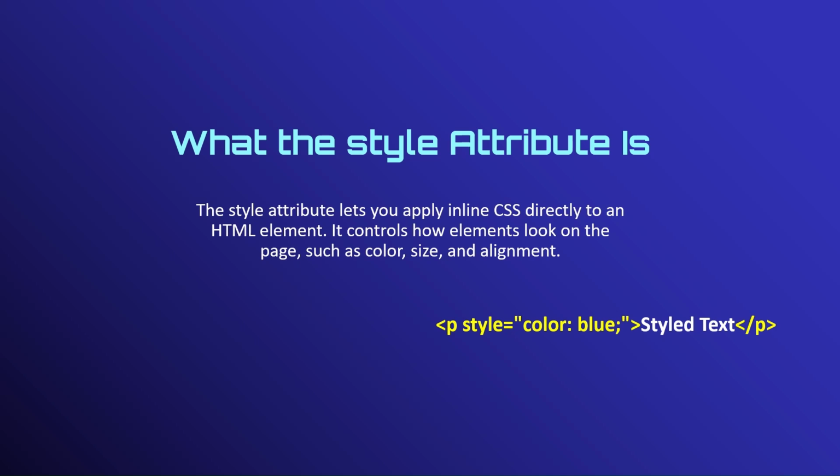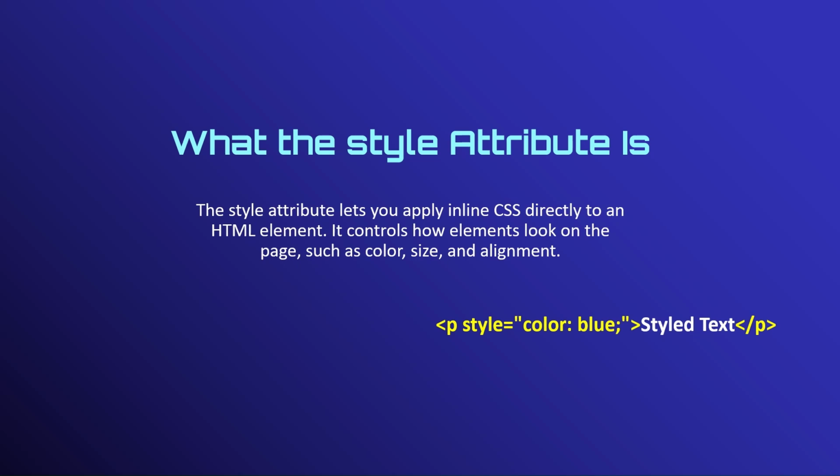The property could be any CSS style property, and the value also could be any valid CSS value. So here we have the content, and this forms a complete HTML element. In our demo, we are going to see how this takes effect.